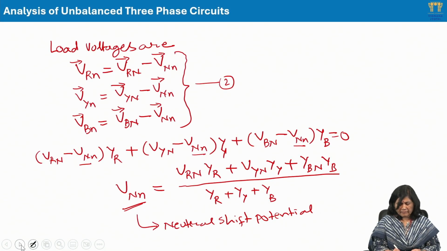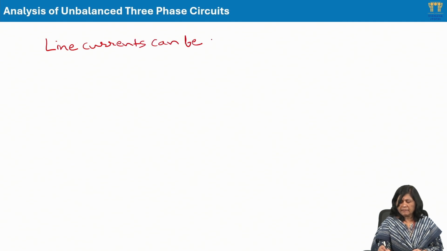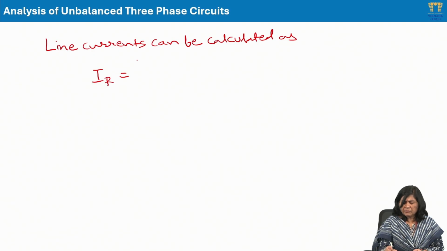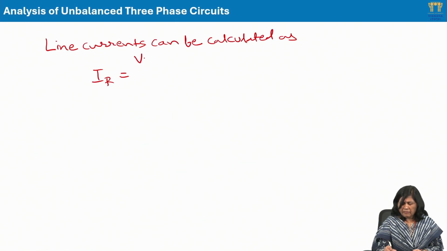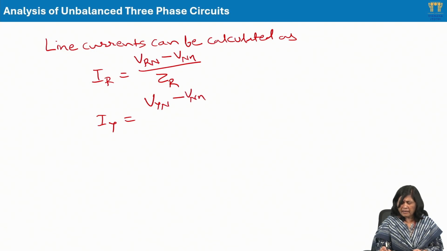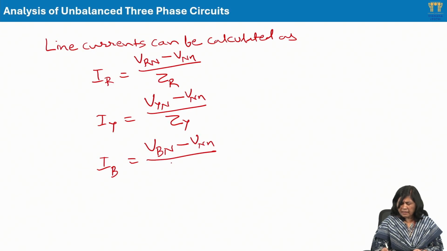IR equals VRN minus VNn by ZR, and IY will be VYN minus VNn by ZY, and IB will be VBN minus VNn by ZB.